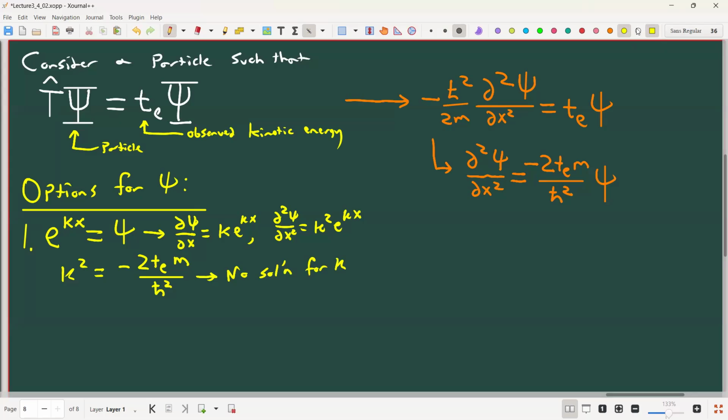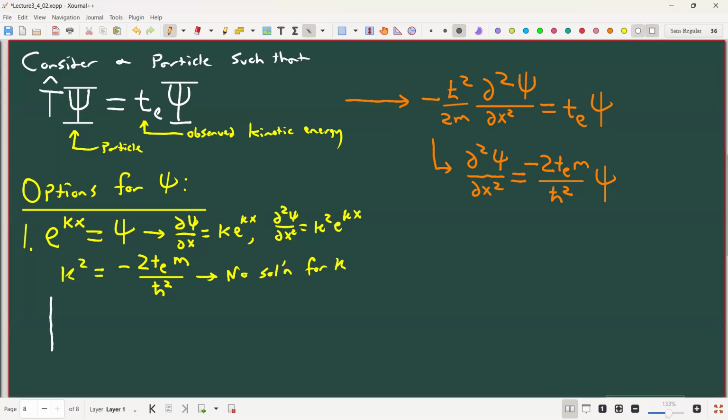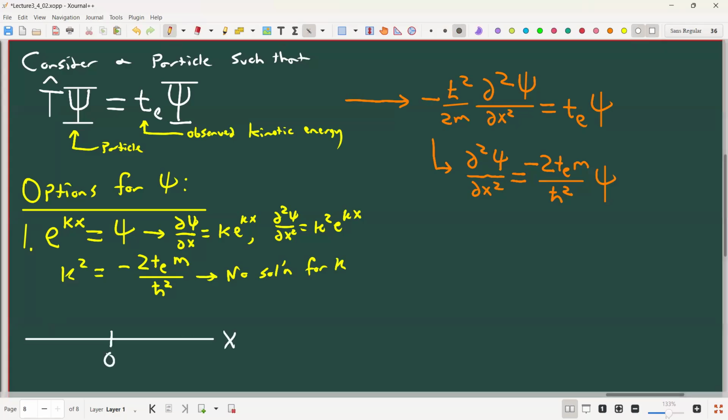All right, and even if that didn't work, imagine now we have this. Let's just think what this wave function would look like on the x-axis, from x equals 0.